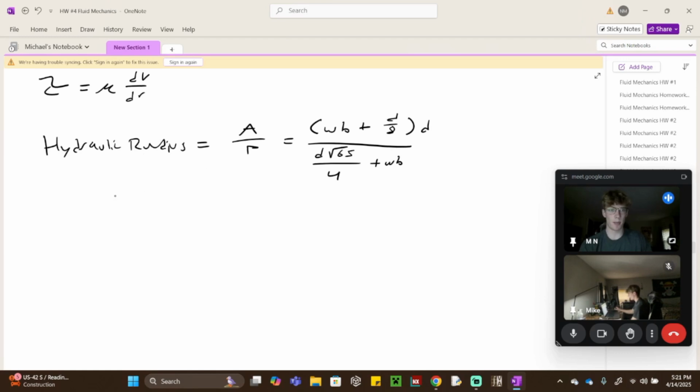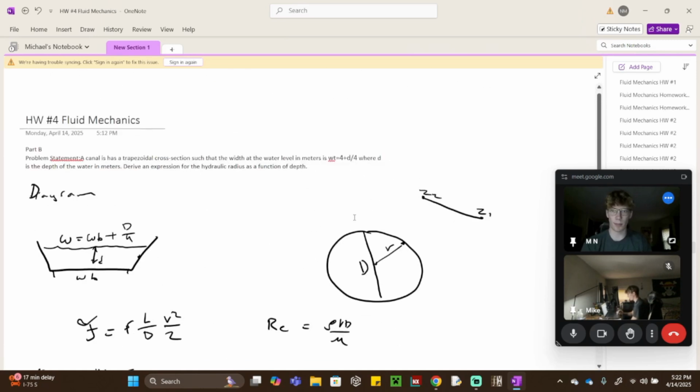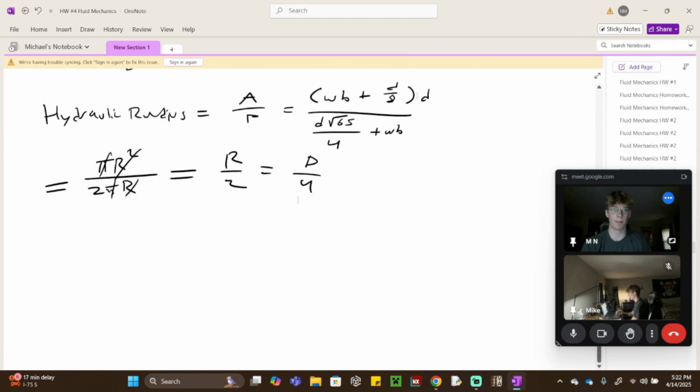And this has to be equal to pi r squared, which is the area of our circle, over 2 pi r, which is the perimeter, which is equal to r over 2, which is equal to d over 4. And this is the relationship and expression for the hydraulic radius as a function of depth.